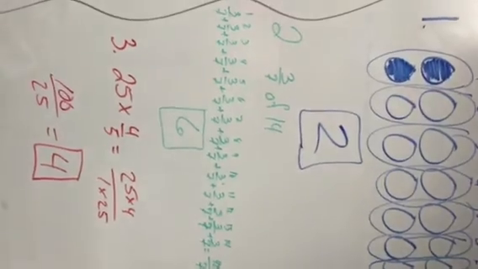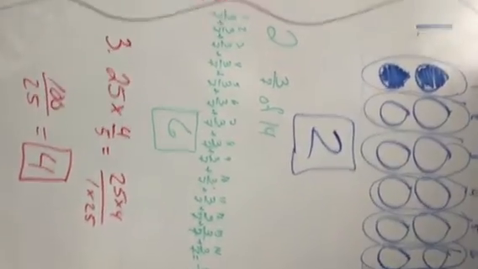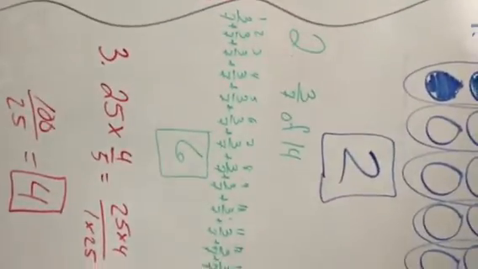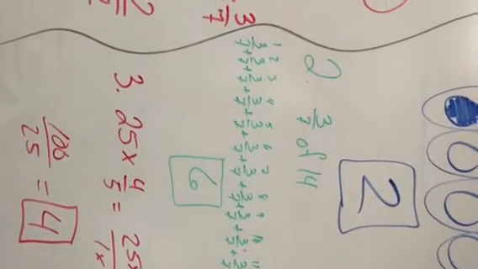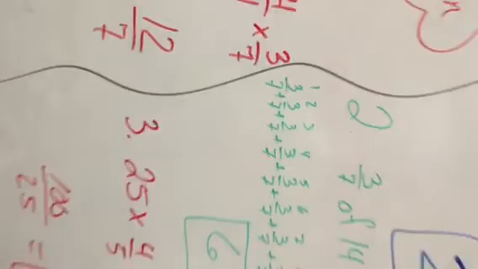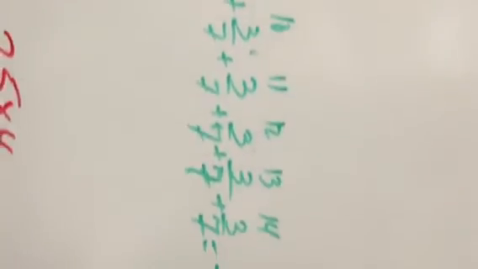In question 2, I used the repeated addition that we learned over here. So I was looking for 3/7 of 14. So I took 3/7 and I added it 14 times. Whoa.